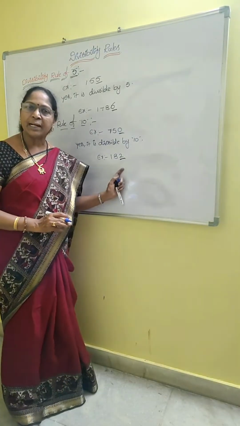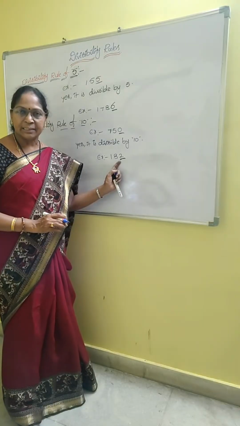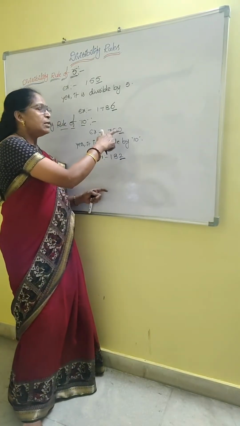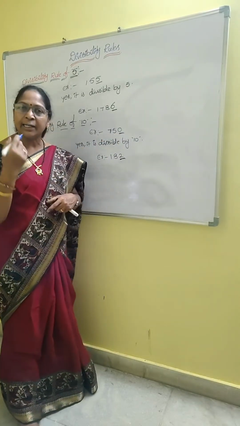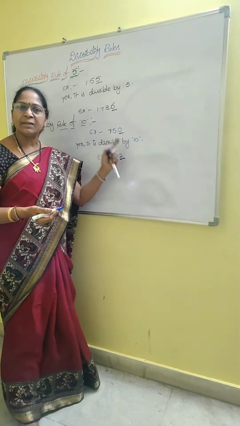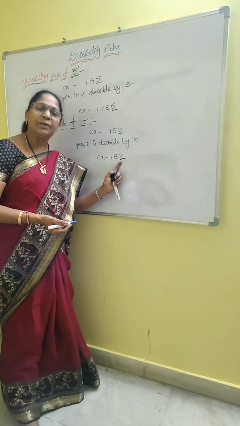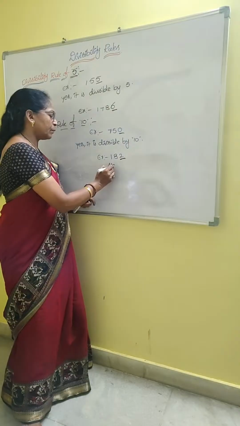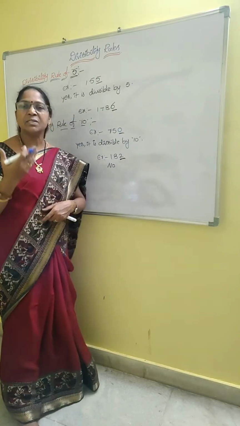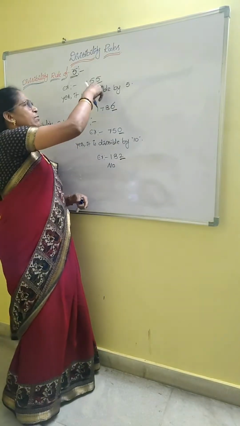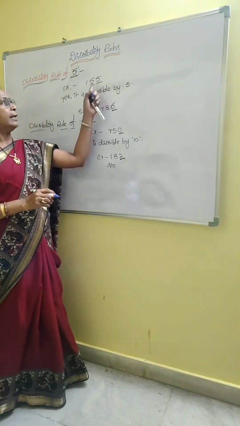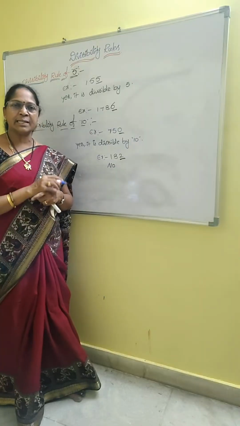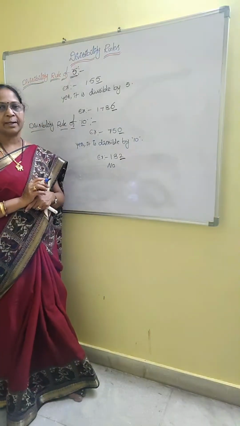Here we have to consider the last digit of the number. If the last digit is 0, you can directly say yes, the given number is divisible by 10. Here 2 is there, so it is not divisible by 10. The divisibility rule of 5 means that if either 0 or 5 is in the unit digit's place, then you can say yes, it is divisible by 5.